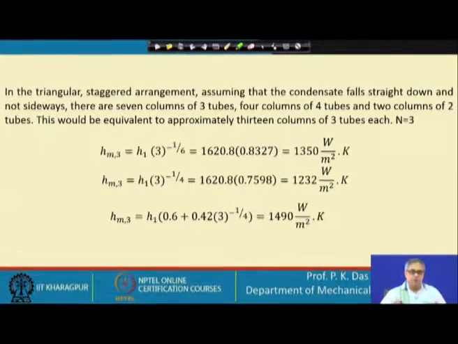This is the end of the problem, but at the end of the problem there is a certain thing to be noted. When we have arranged the tubes in the staggered arrangement, we get a higher value of average heat transfer coefficient for the tube side condensation. So, this is one thing to be noted.